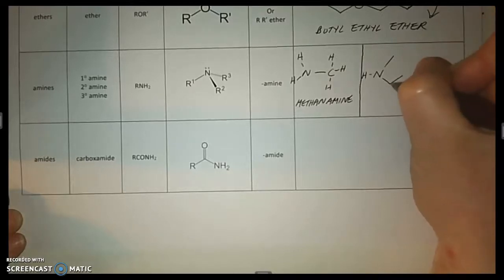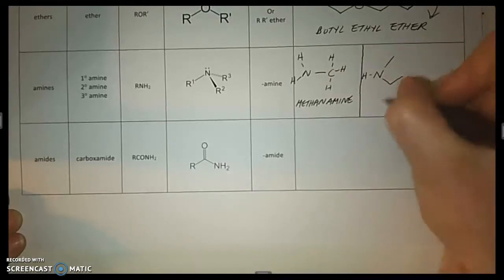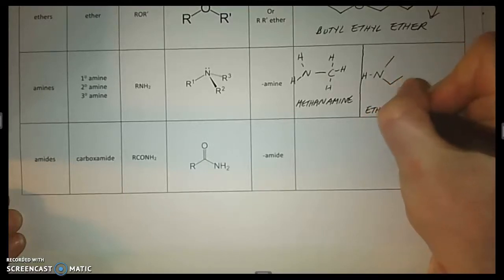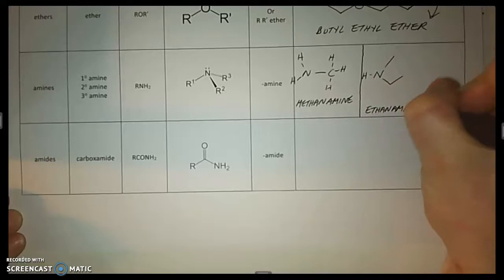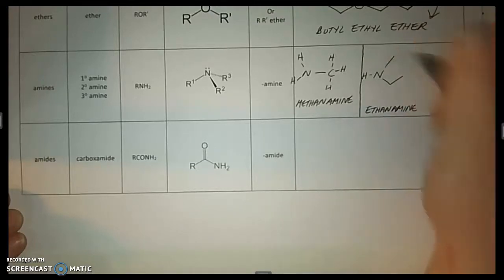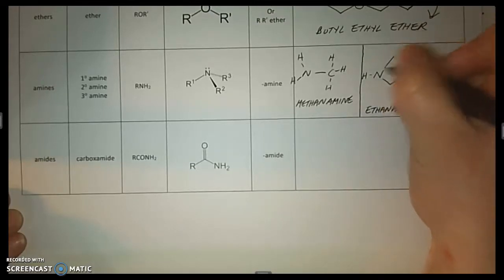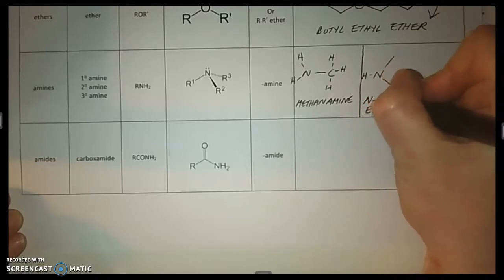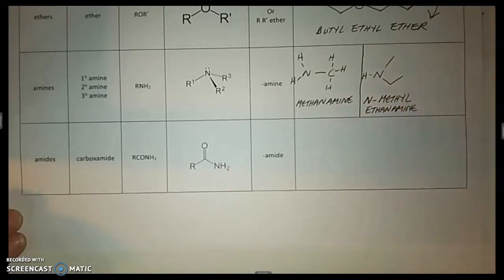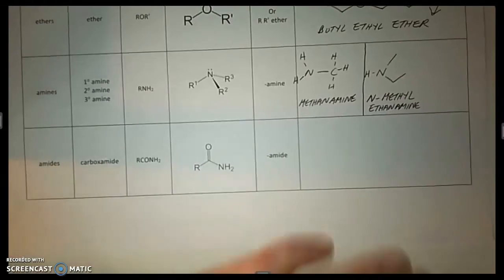The longer chain here is the ethyl group, so this is going to be an ethanamine. My other hydrocarbon chain gets named, instead of using a number, with a capital N dash to show that this methyl group is bonded to the nitrogen and not to another carbon. So that would be N-methylethanamine.